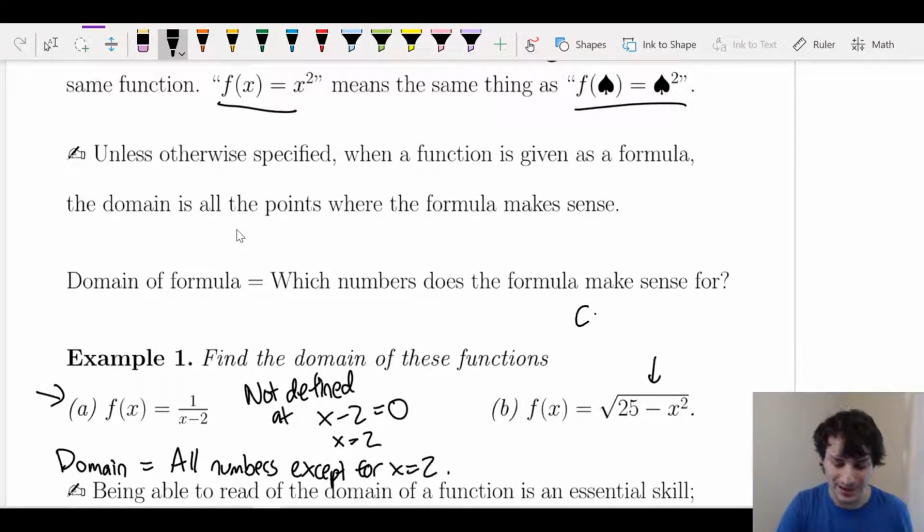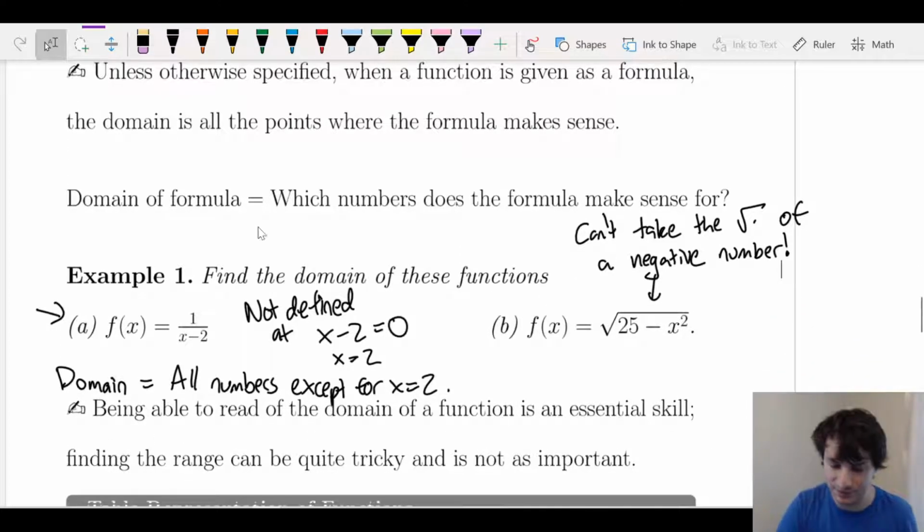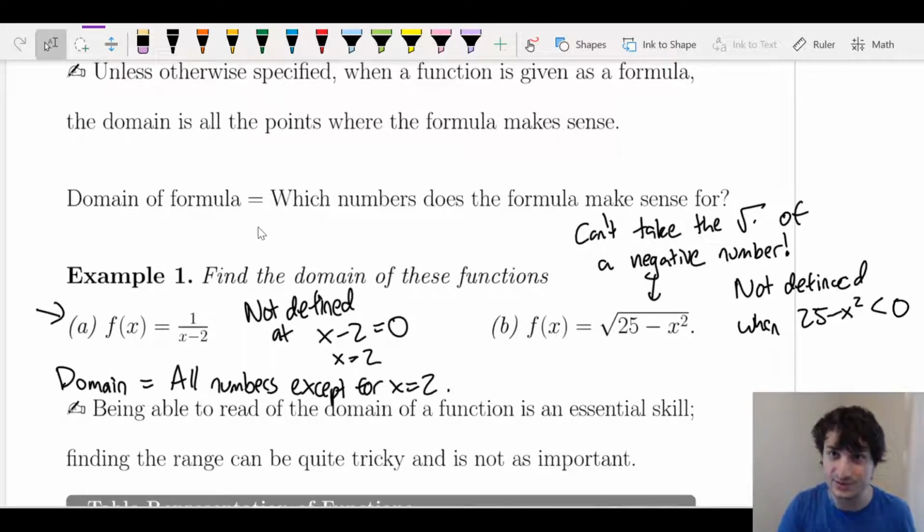So you can't, in Math 1200, you can't take the square root of a negative number. And because you can't take the square root of a negative number, this function is not defined when 25 minus x squared is negative, when it's less than 0.